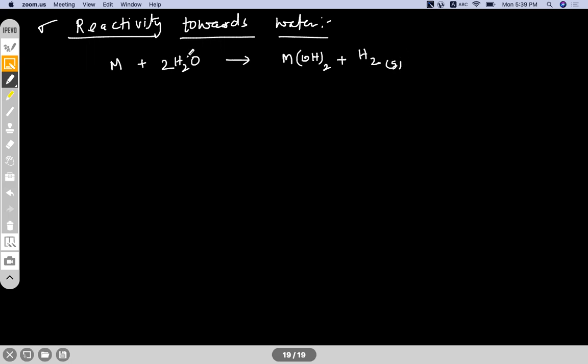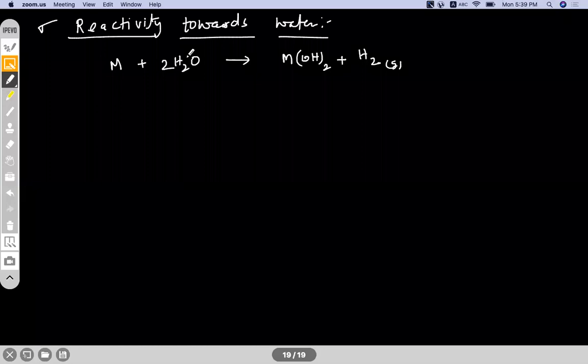This is the general reaction we have. Remember, group 1 forms MOH type hydroxide. Here it forms M(OH)2 because the valency is 2.